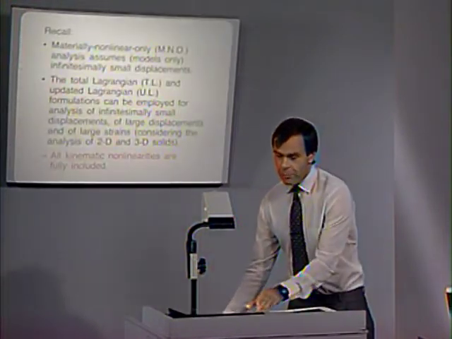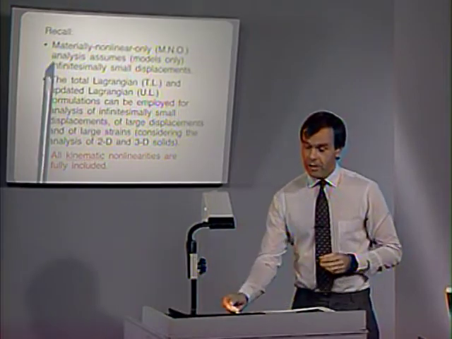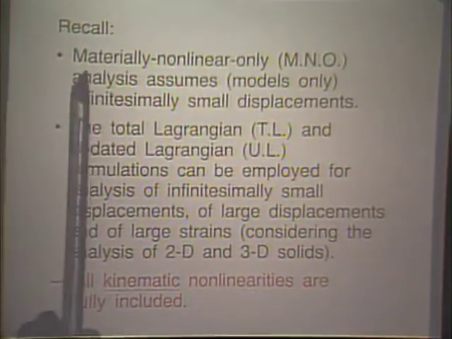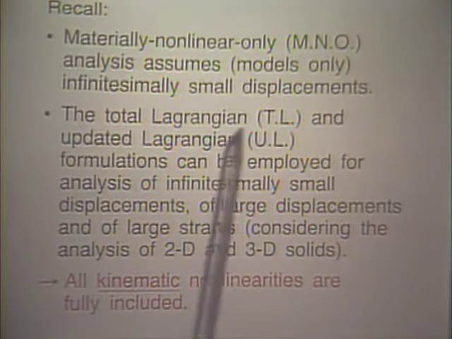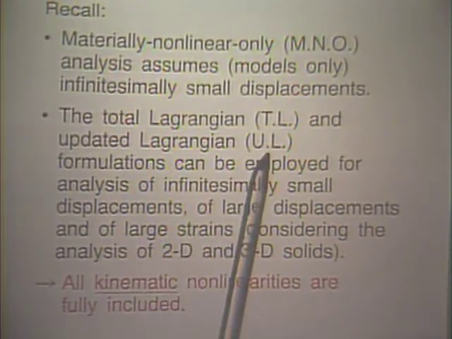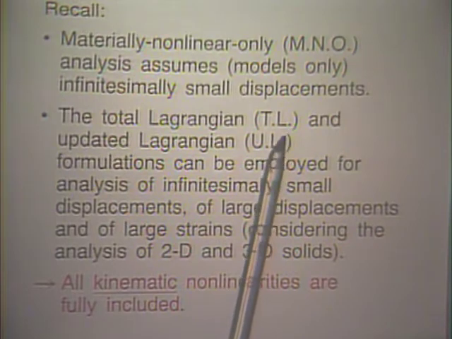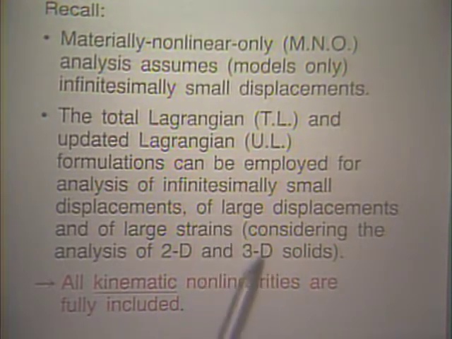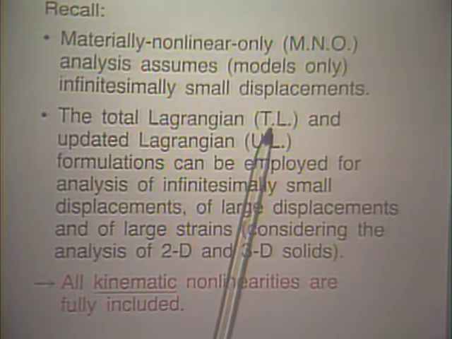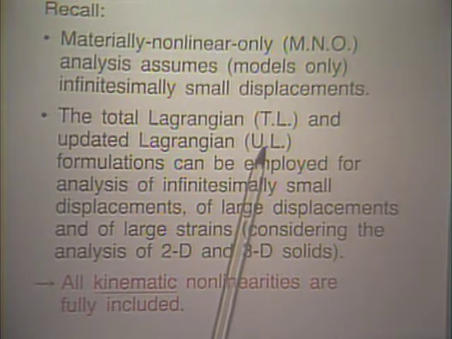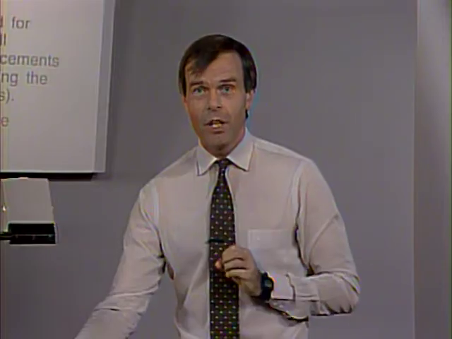Let us very briefly once more recall that we have the materially nonlinear only formulation, as I just mentioned, the total Lagrangian formulation, and the updated Lagrangian formulation, which we discussed in earlier lectures. Kinematically, these formulations, for the analysis of two-dimensional and three-dimensional solids using isoparametric finite element formulations, include all large displacement, large rotation, and large strain effects.